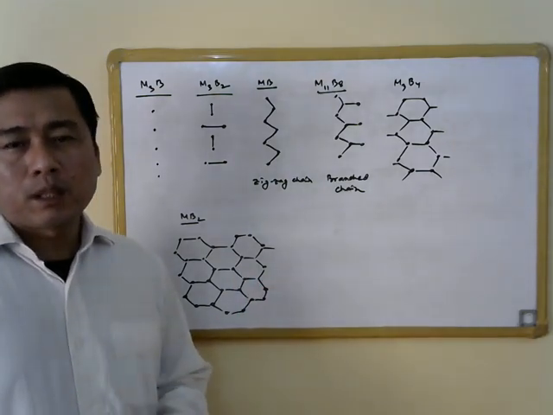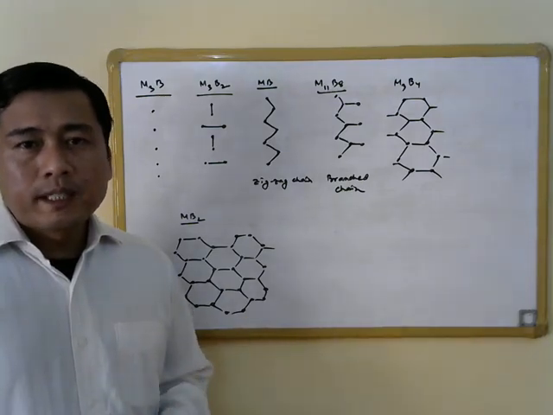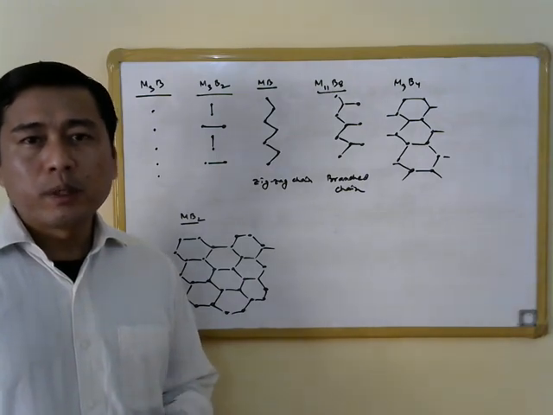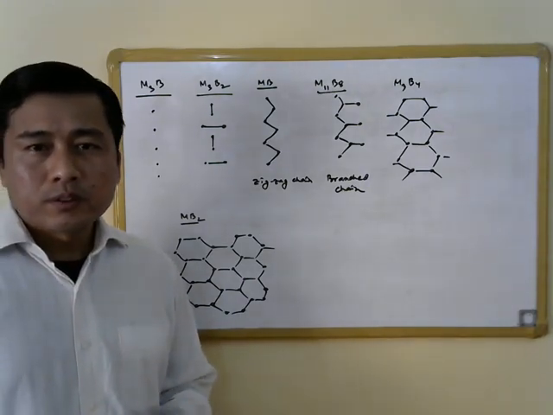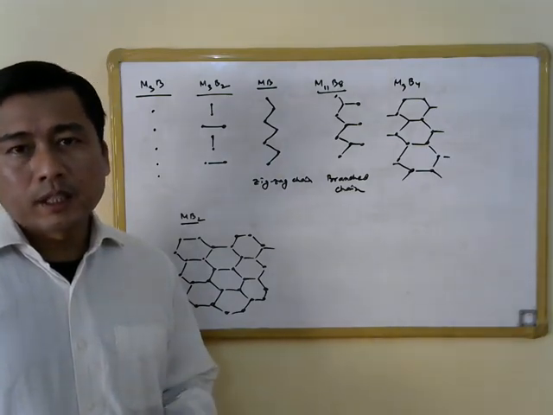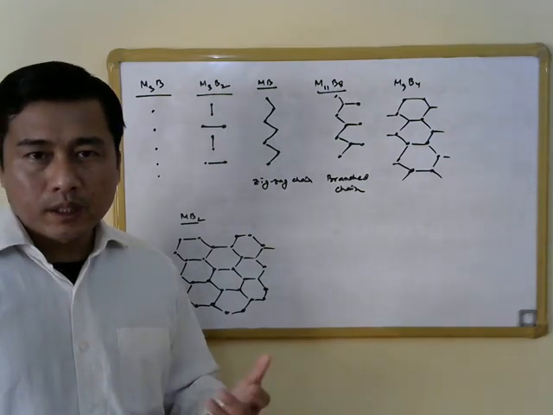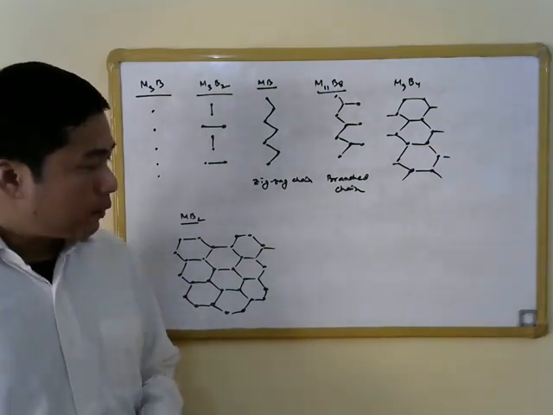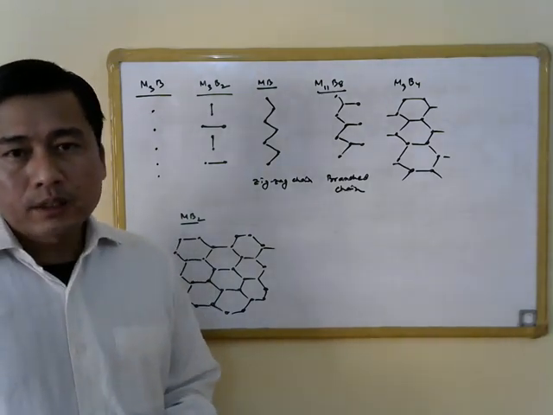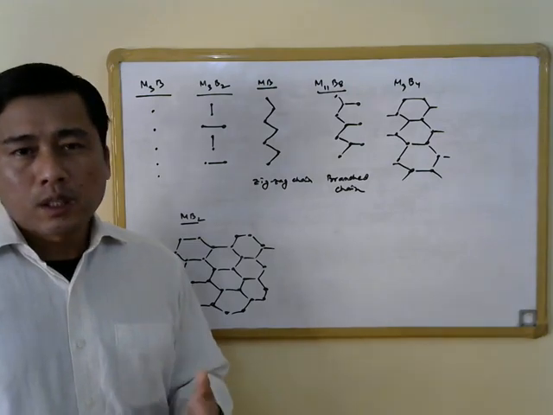Then we discussed the desirable properties shown by metal rich borides, which make them highly desirable for different high temperature applications, as well as in the nuclear industry. And we also discussed the application of boron carbides as abrasive as well as a shock resistant material.